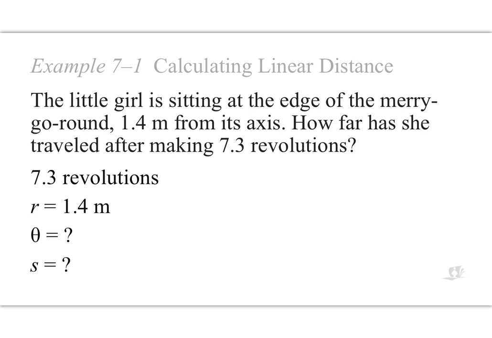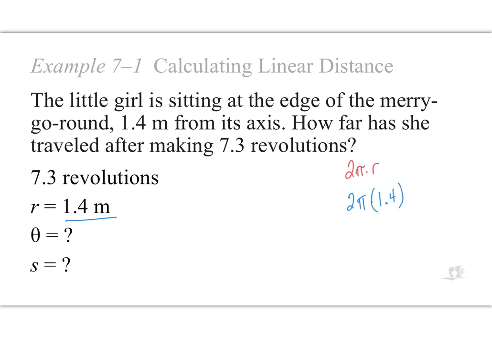But here's what I want you to think about. I want you to tell me what the formula is for the circumference of a circle. So the circumference of the circle is 2 times pi times r. Everybody agree with that? That would be going around in a circle. So for this one circle, if my radius is 1.4, it would be 2 pi times 1.4.